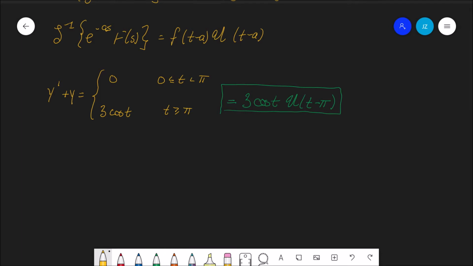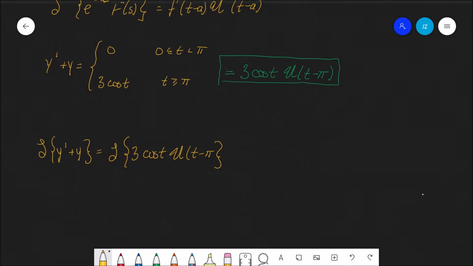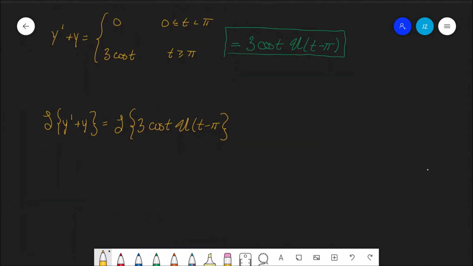So let's go ahead and take the Laplace transform. So we're going to have the Laplace transform of y prime plus y is equal to the Laplace transform of 3 cosine of t times u of t minus pi. So we get s times Y of s minus y of 0 plus Y of s.